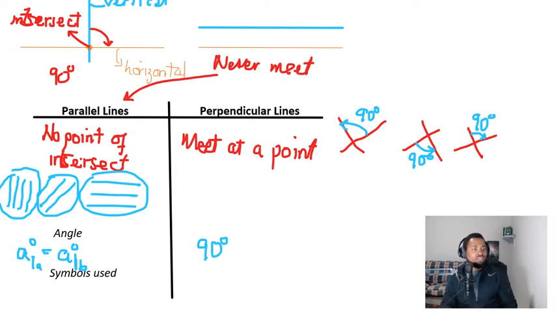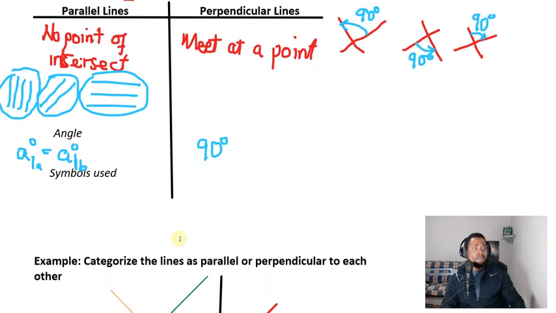So in this case, what symbols do we use to represent a parallel line versus a perpendicular line? For a parallel line, if you have two lines, one line here and another line here, let's let this line be line A and this be line B. Since they are not touching, now or in the future, they never meet at a point.